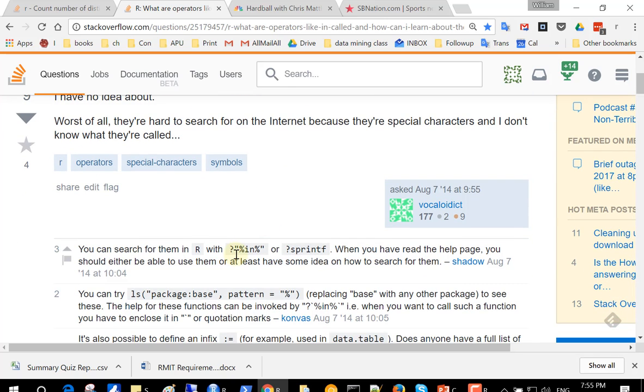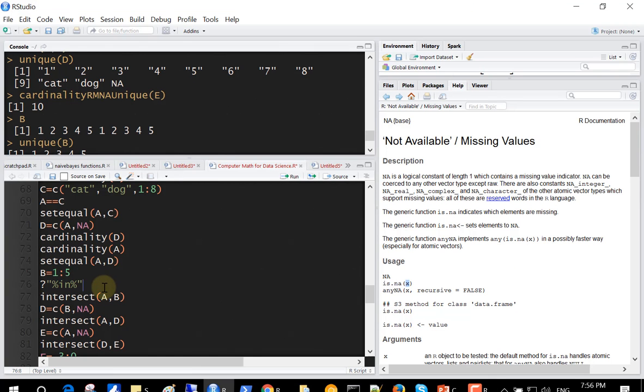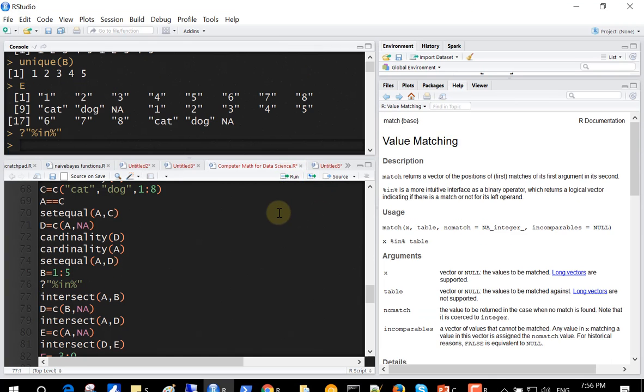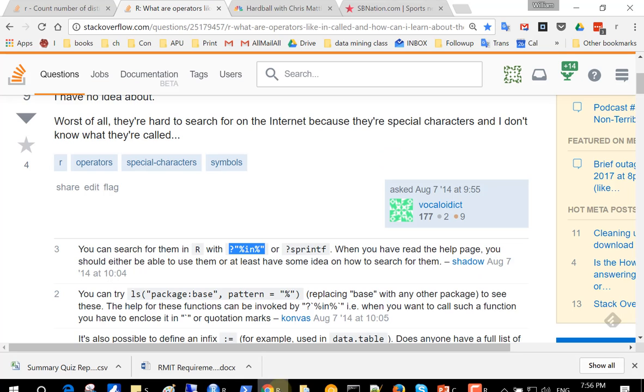So someone says you can search for them in R like this. So maybe that's one way to look for it. But you have to put the quotes around it like that. And let's even try that. So let's try that here. And it's called matching here, right?